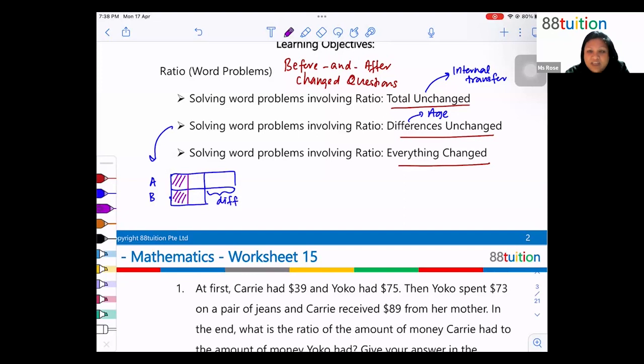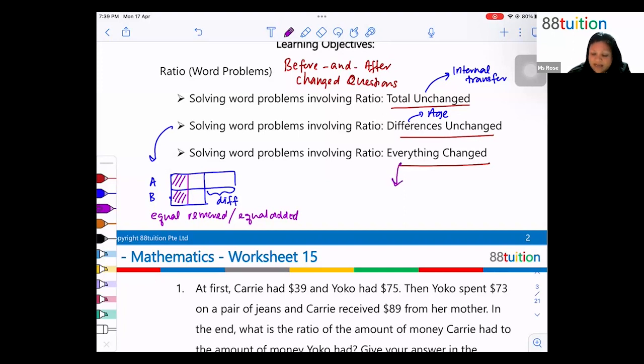What remains unchanged? Can you see from the model? Difference, very good. So another example of difference unchanged is when you have equal remove or equal added. For both cases, the difference will remain unchanged.